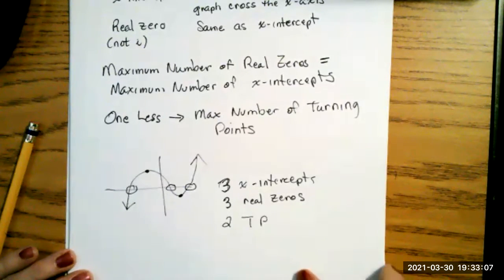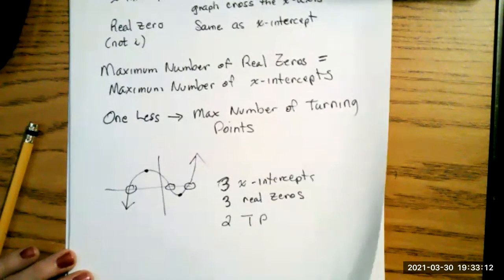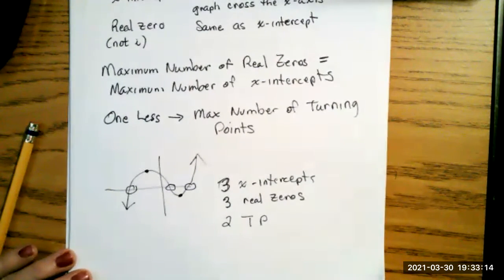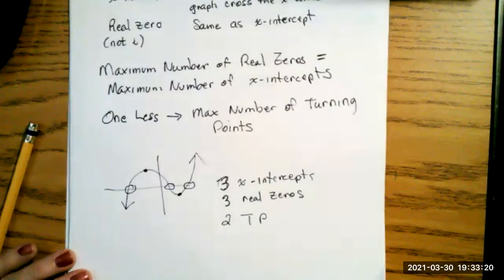So every time you do this, and it's a whole set of these, you have to say, how many x-intercepts could it possibly have? What's the maximum number? How many real zeros could it possibly have? And how many turning points could it possibly have?